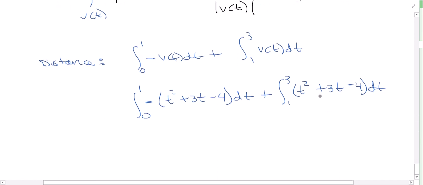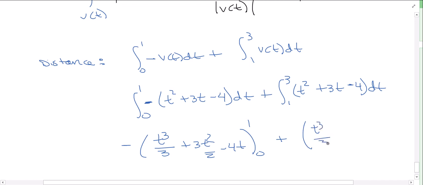Here we have to keep in mind that we have that negative there. So when we integrate, I'm going to have that negative still out there, and it's going to be t cubed over 3 plus 3t squared over 2 minus 4t, evaluated from 0 to 1, plus t cubed over 3 plus 3t squared over 2 minus 4t, evaluated from 1 to 3.